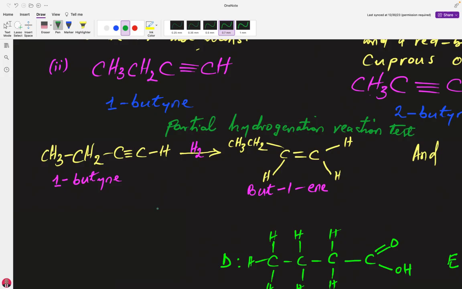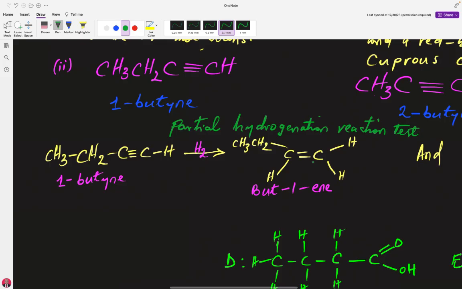This is a terminal alkene, where the double bond is attached to the first carbon atom. While 2-butyne will produce an internal alkene. An internal alkene is one where the double bond is in between.